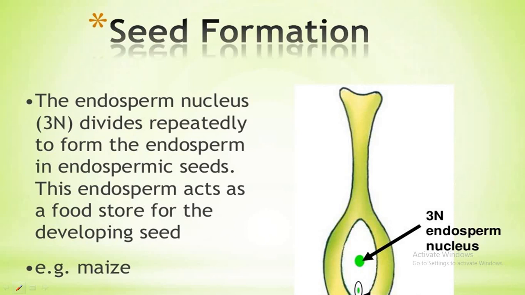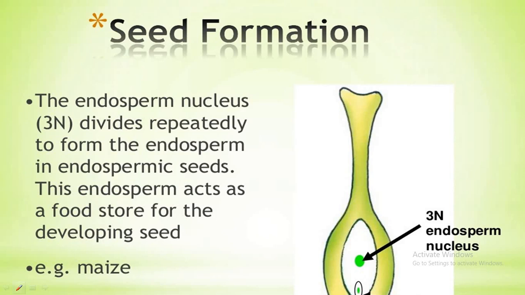The outer integument forms the outer seed coat or testa, which is hard, and the inner integument forms the inner seed coat or tegmen. The cotyledons, embryonic leaves, are generally thick and swollen with food materials. These are 1 to 2 in number and rich in reserve food materials.